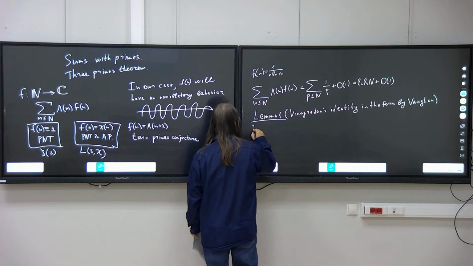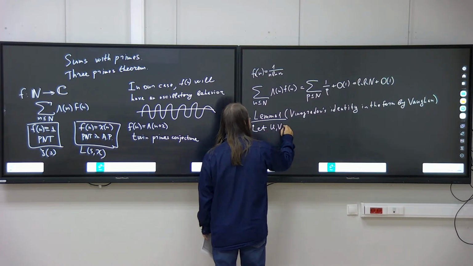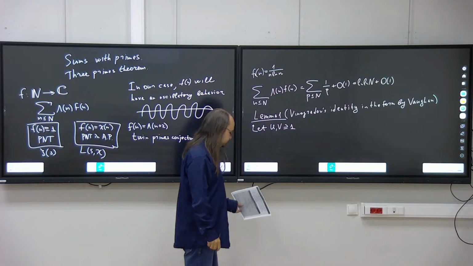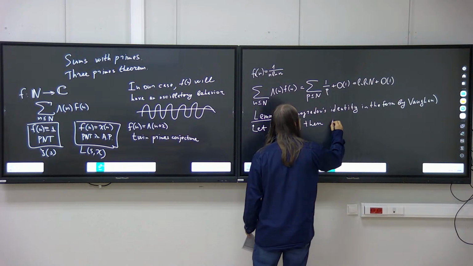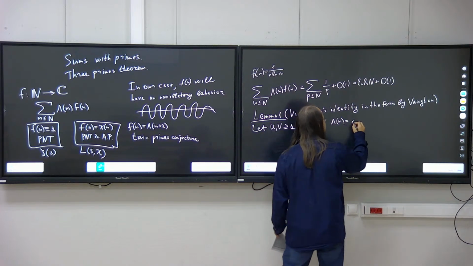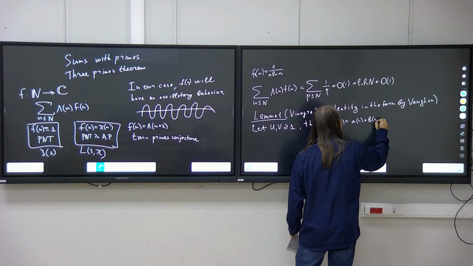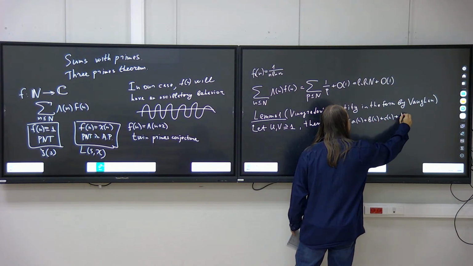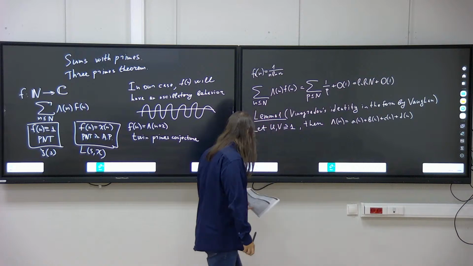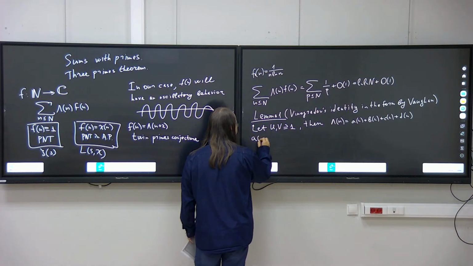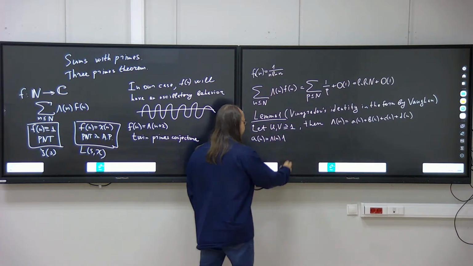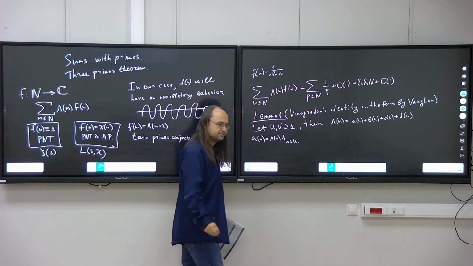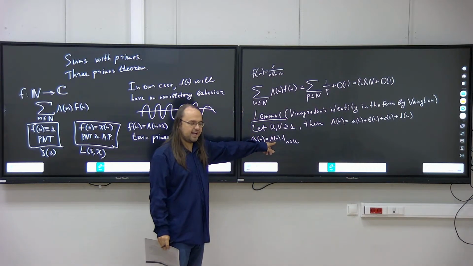So let U and V be greater than or equal to 1. Then we have the following identity. Lambda of n is equal to A of n plus B of n plus C of n plus D of n, and A, B, C, and D will be the following functions. A of n will be just lambda of n multiplied by the indicator function of n being less than or equal to U. Okay, so this is basically a cutoff of the von Mangoldt function.